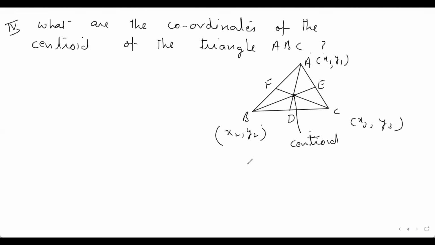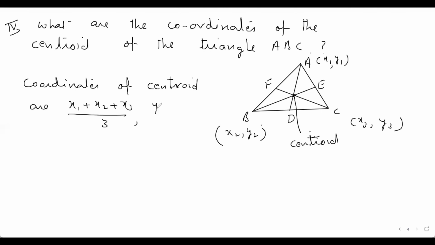So we have seen coordinates of this centroid in part 2 and part 3 are (x1 plus x2 plus x3) upon 3, (y1 plus y2 plus y3) upon 3. So coordinates of centroid are (x1 plus x2 plus x3) upon 3, (y1 plus y2 plus y3) upon 3.